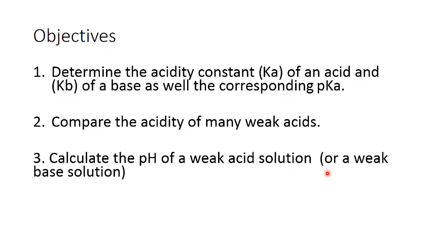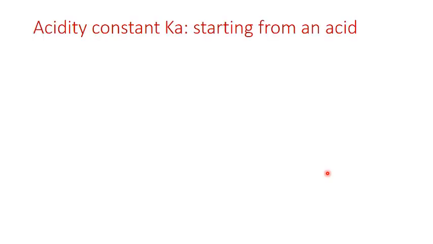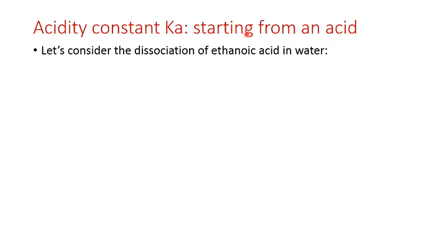So let's start first of all with the first objective, which is about Ka. The acidity constant Ka: if we consider an acid, let's consider the dissociation of ethanoic acid in water. That is a highly repeated example. It's CH3COOH that reacts in water, or dissociates in water, in a reversible way, producing H3O+ and ethanoate ion.